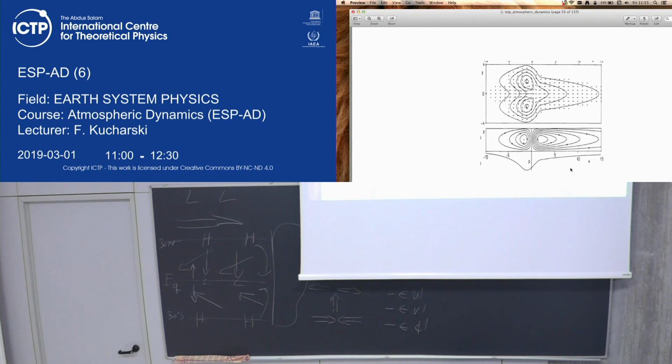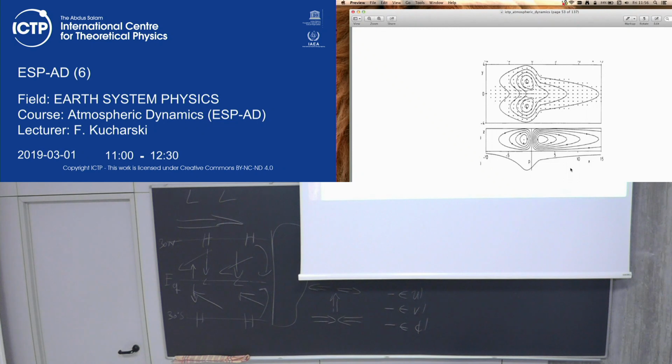On the eastern side, we see that there's nearly no meridional motion. So this is clearly dominated by the Kelvin waves. Only we don't see them propagating anymore because we are looking for stationary state solutions. So the pressure pattern, here the low pressure pattern on the equator, is extending at the equator in the eastern direction through the propagation of Kelvin waves.